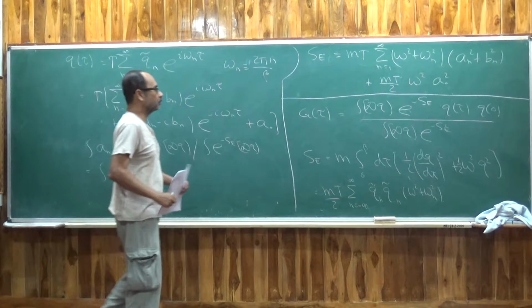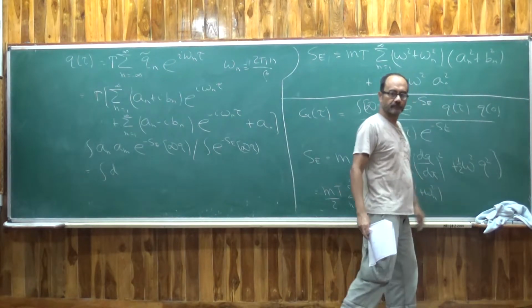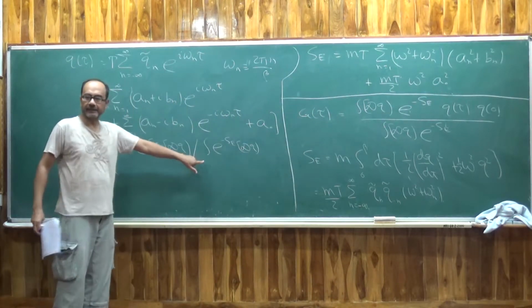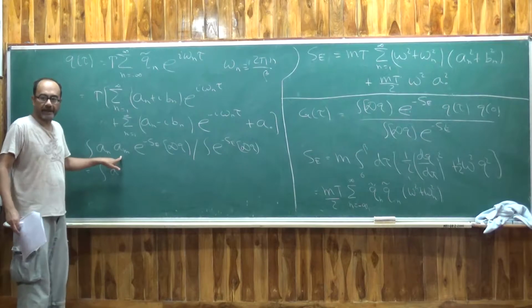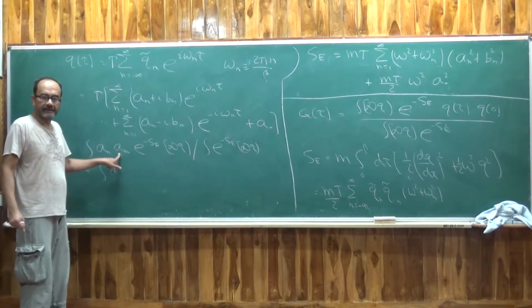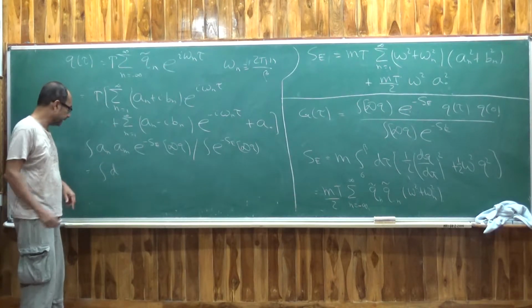So the action is quadratic in ANs and BNs without any cross term. This basically shows that an integral of this kind must be proportional to delta mn, right? Because if you have two different a's, then just by the a goes to minus a symmetry, that integral will vanish. So this is proportional to delta mn.